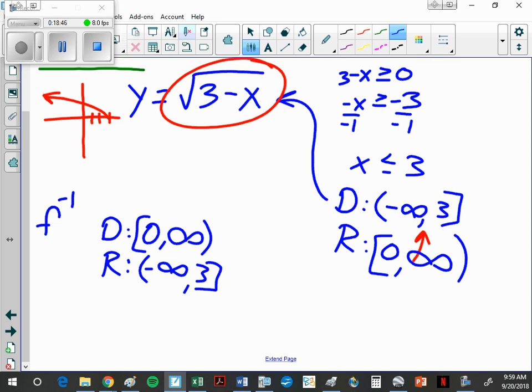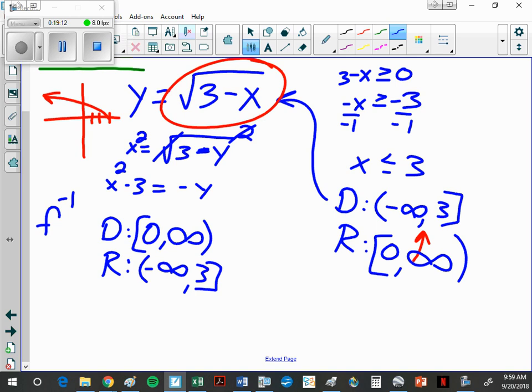Okay. Now, what is the inverse? Well, x equals the square root of 3 minus y. How do I solve for that? Square both sides, and I get x squared minus 3 equals negative y.